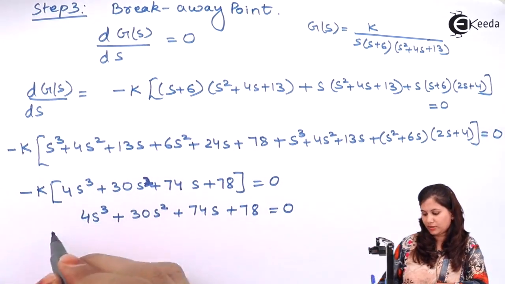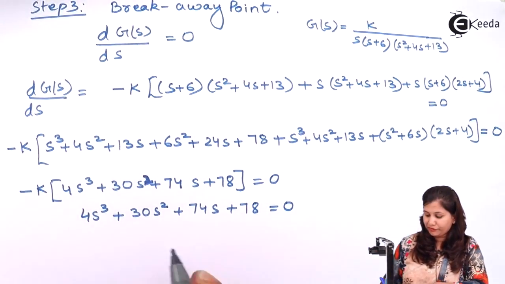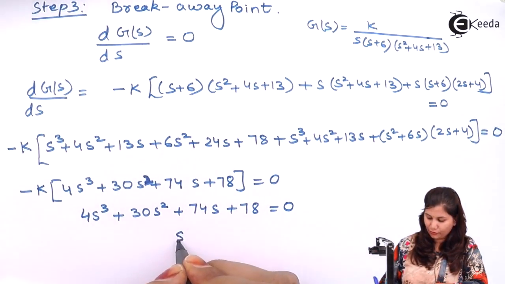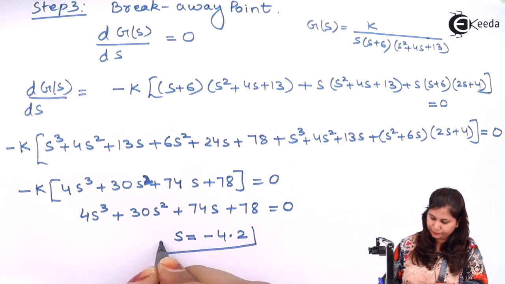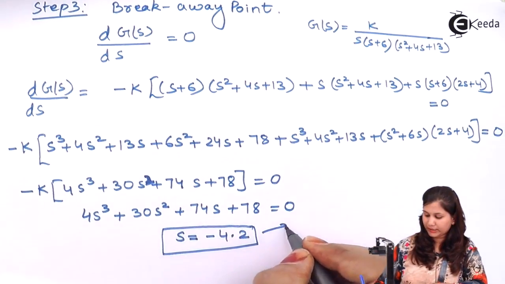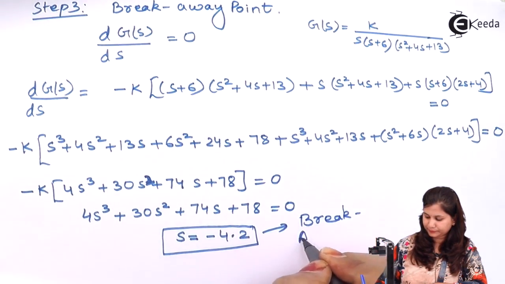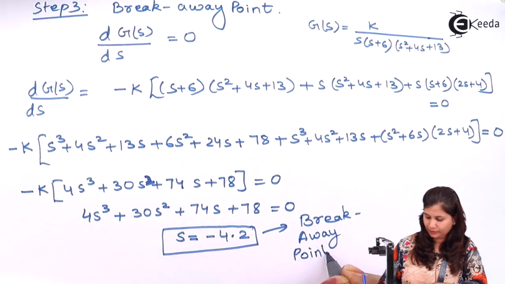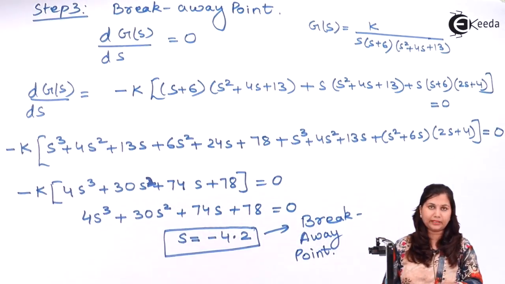So this equation we have obtained after simplifying. Now if we find the roots of this equation, we will find the value of s equals minus 4.2. So s equals minus 4.2 is the breakaway point. Okay, now we have obtained the breakaway point.